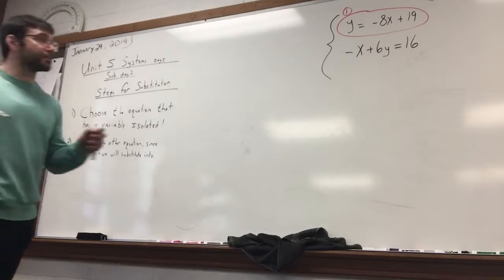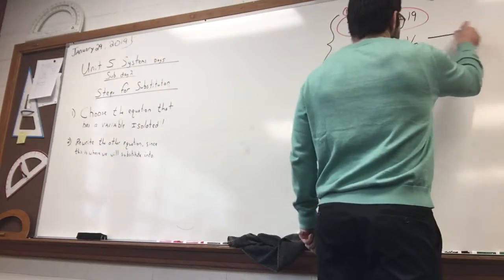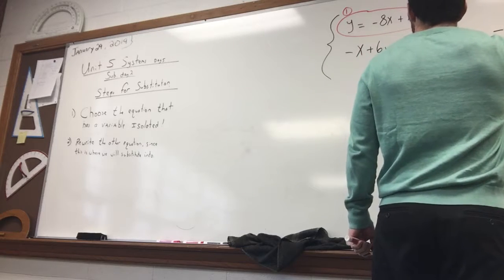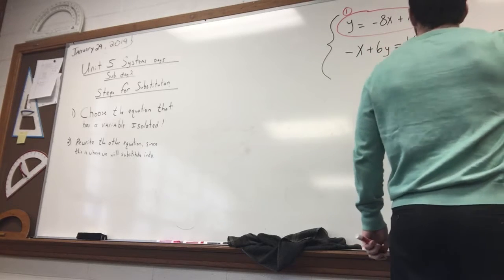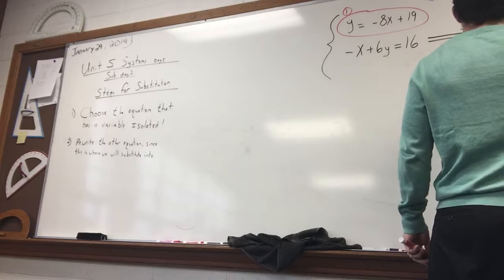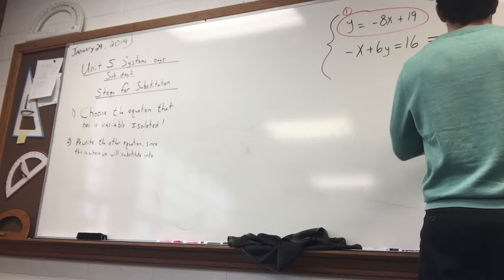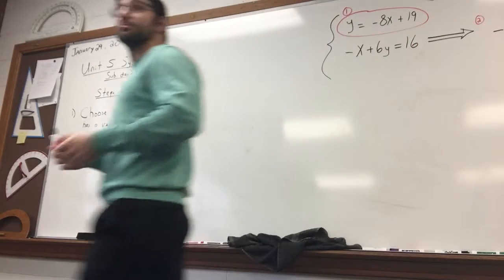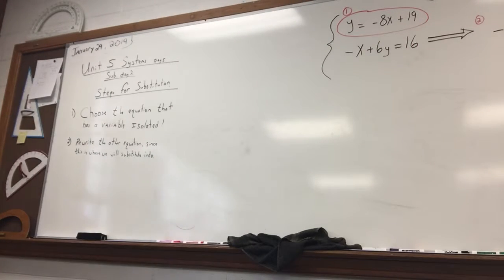So now I'm going to come over here. I'm going to rewrite the equation. Negative x plus 6y equals 16. That is step 2. So rewrite the other equation.